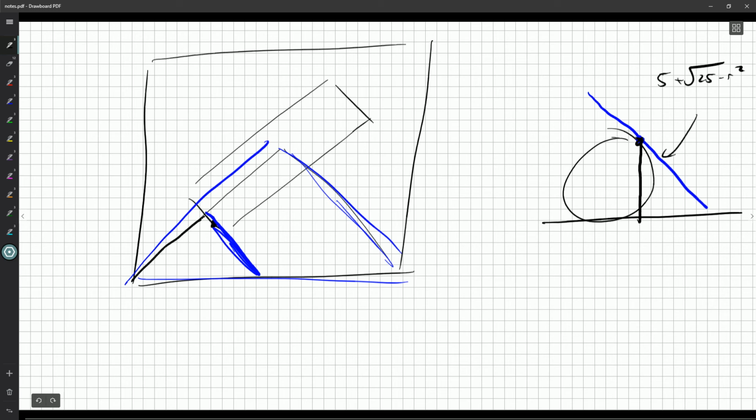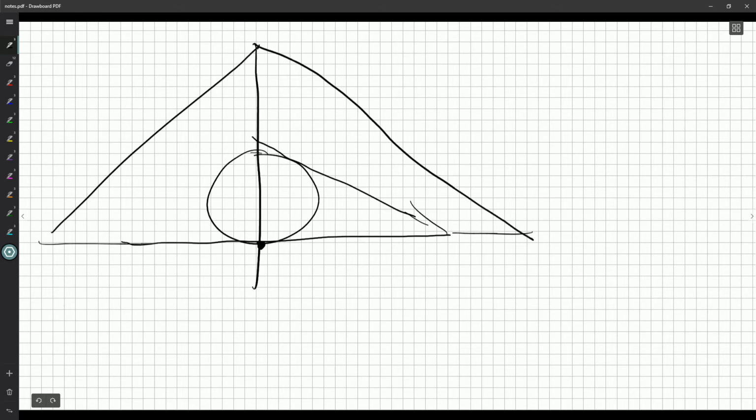Now, I think this distance would be a little easier to find because I already know it's got to be the same thanks to this 45 degree. It's got to be 10 root 2 minus 5. I guess that's that distance, 10 minus 5 root 2.